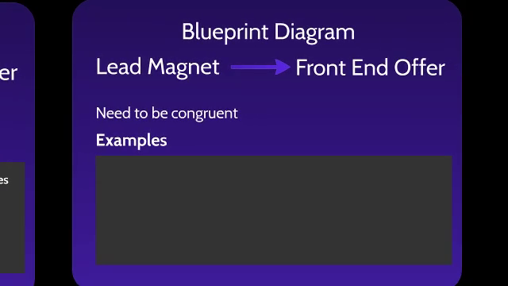Now, here's a better example. 5 reasons why you're losing time with bookkeeping. If I download this as a lead magnet, I know that I'm losing a lot of time with bookkeeping. I don't have enough time, so I need a way to automate it. I need a way to hire somebody. I need a way to speed it up.